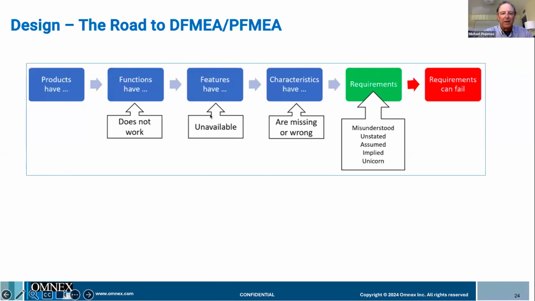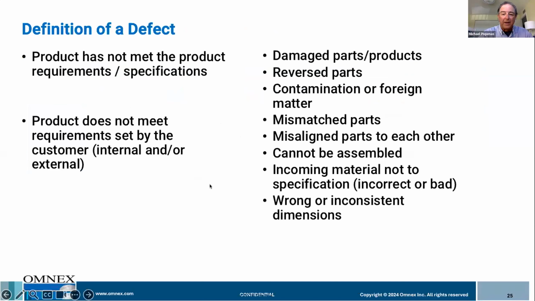That's what the customers want. And those functions have features, and those features have characteristics, and those characteristics have requirements or specifications. These are the things that we can see fail, but along that process, these things can fail along the way if we're not paying attention. And the more we look at simplifying, the more we can address those things.